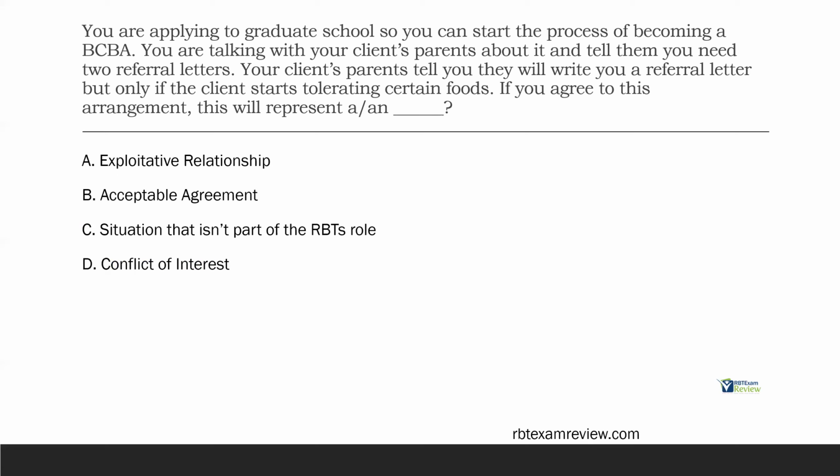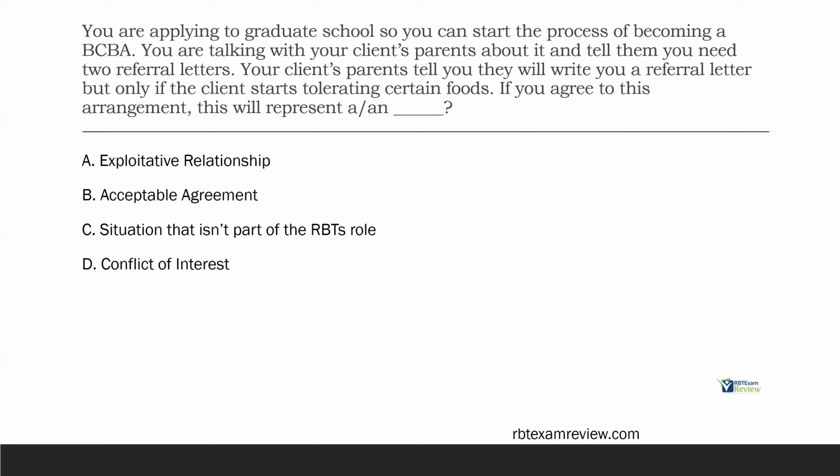Because they're taking advantage of their situation as the parent, which they shouldn't be doing. This is not exploitative. It seems very friendly, very amicable, very casual. So it's not exploitative.